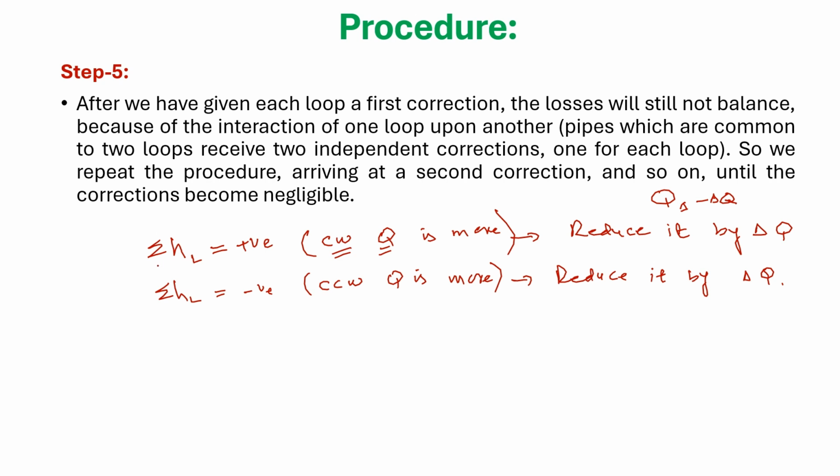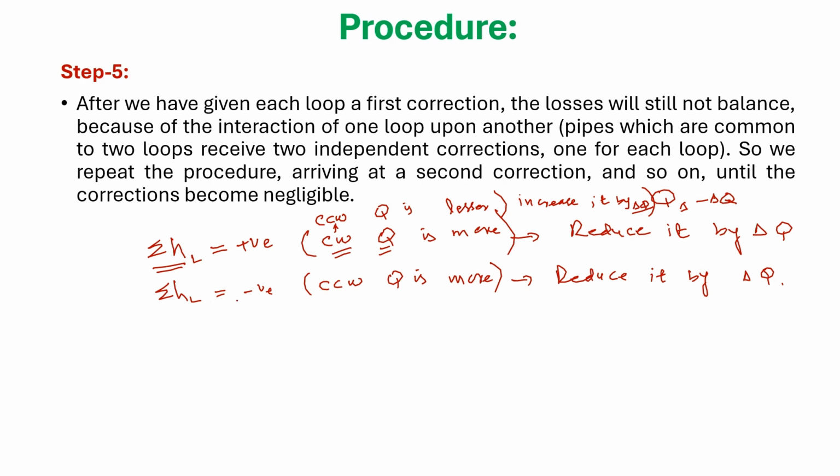In the same way, if the summation of hl is positive, clockwise q is more and counterclockwise q is lesser, so we want to increase it by the same amount by which clockwise discharge is reduced.